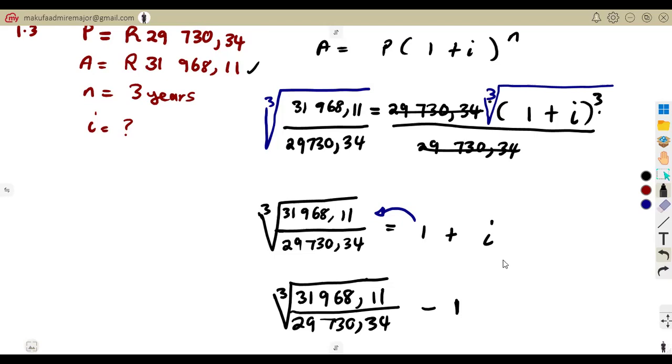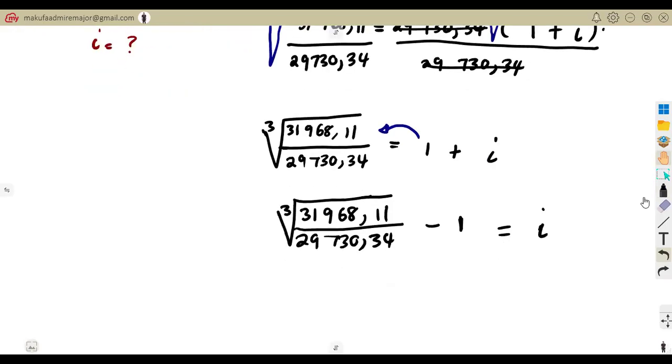This part was supposed to give us the value of I. But as we do understand, the I that we are going to obtain, as we had in this formula, was a decimal. But this is supposed to be the percentage. So whatever you obtain on your calculator, you're supposed to multiply it by 100%.